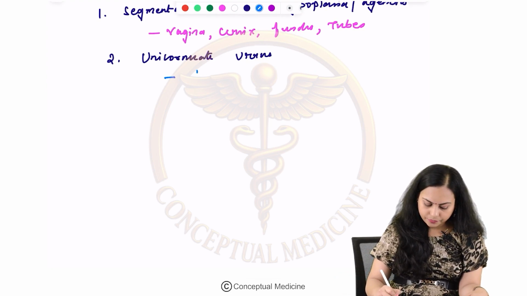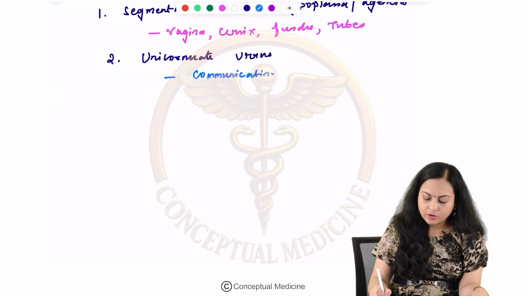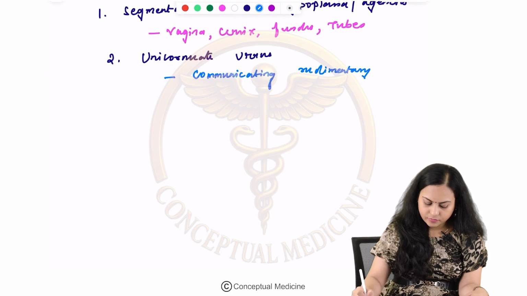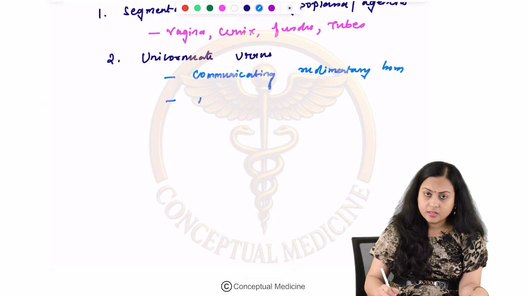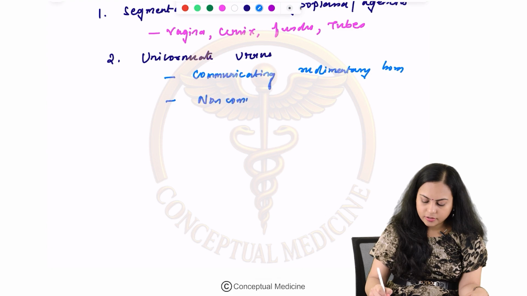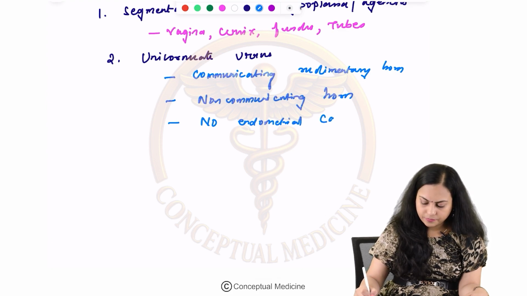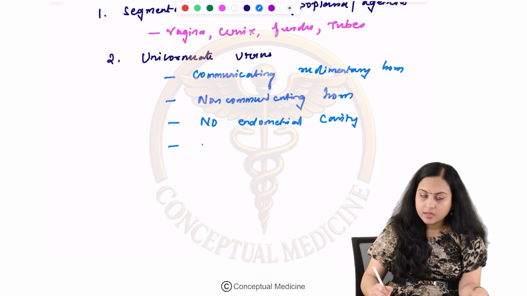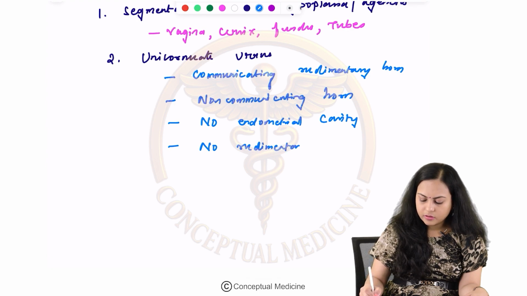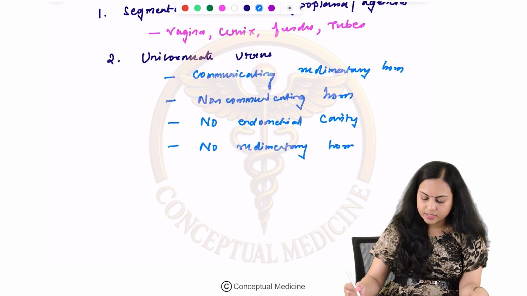These include a communicating rudimentary horn, then a non-communicating horn, or one that doesn't have an endometrial cavity, and there will be no rudimentary horn itself. Clear? Yes.